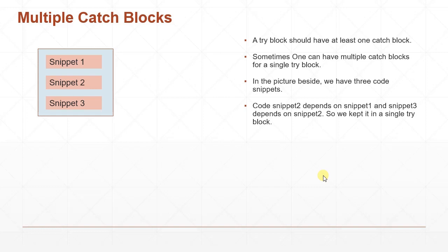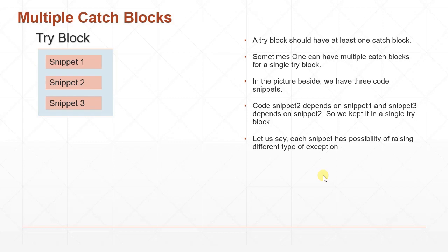That's why we kept snippet 1, snippet 2 and snippet 3 in a single try block. Since they are dependent on each other, it is in a single try block.